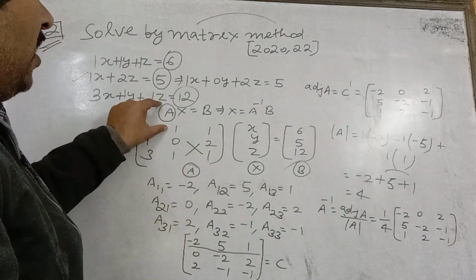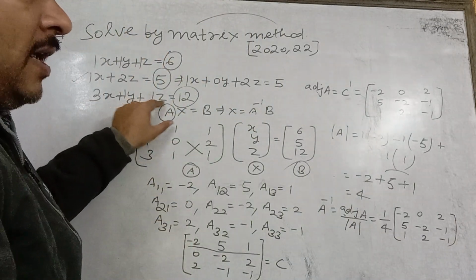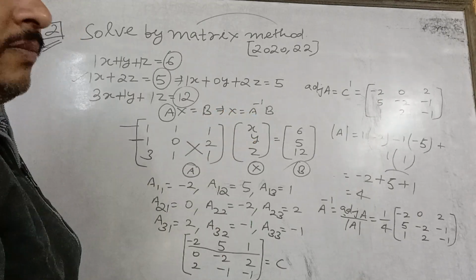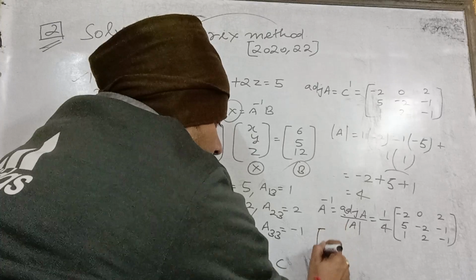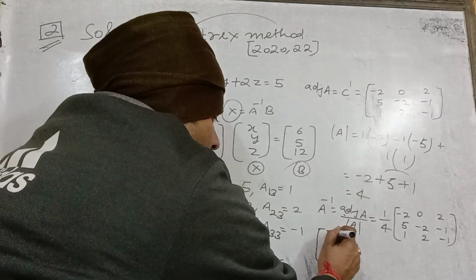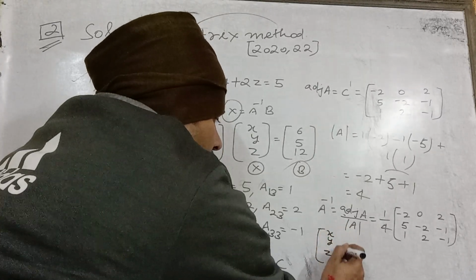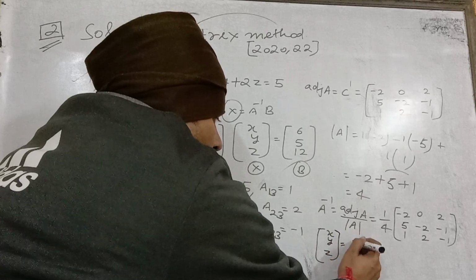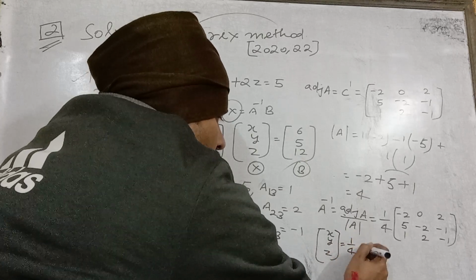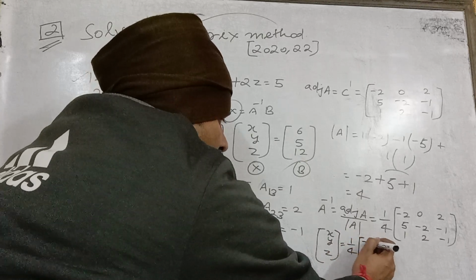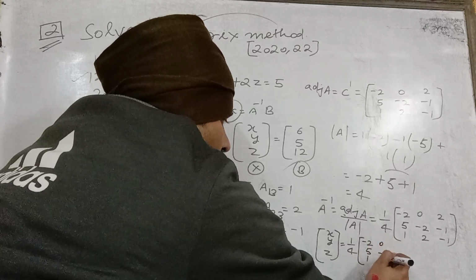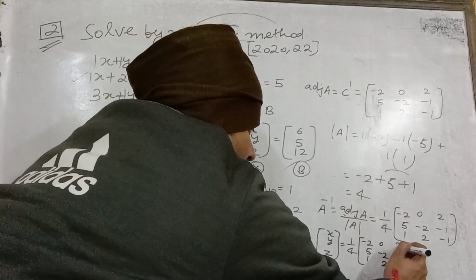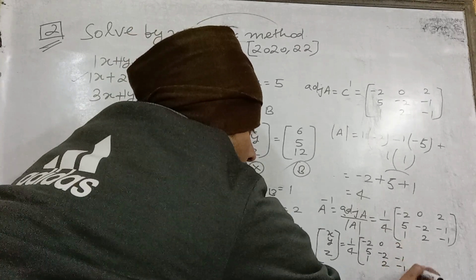Now come to this point where we write X equals A inverse B. Now put these values. Value of X is x, y, z, and value of inverse is 1 by 4 into minus 2, 5, 1, and 0, minus 2, 2, and 2, minus 1, and minus 1.